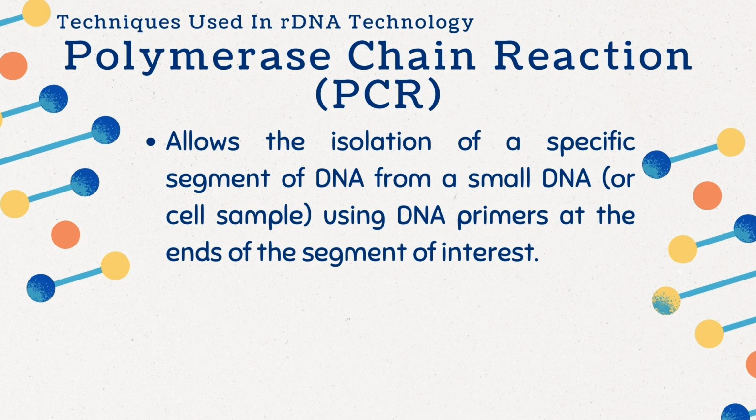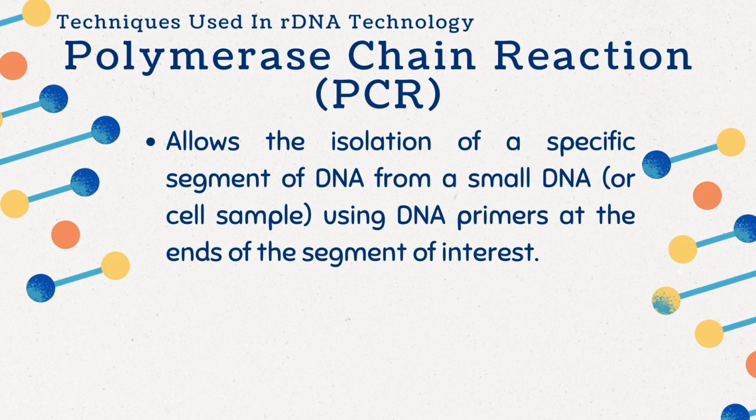In the next slide is the polymerase chain reaction, or PCR. It allows the isolation of a specific segment of DNA from a small DNA or cell sample using DNA primers at the ends of the segment of interest. This is talking about the process called DNA isolation.